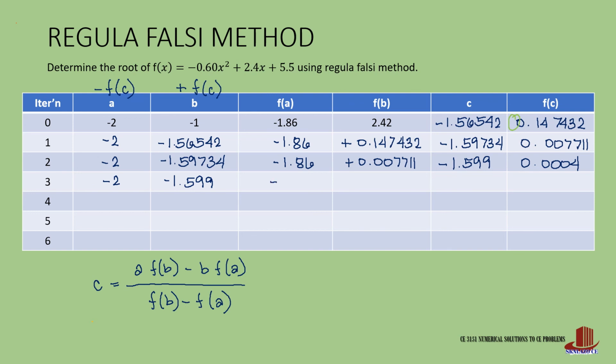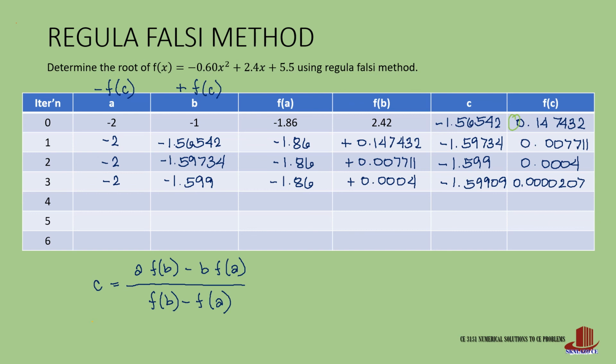So negative 1.86 would remain the same, but f of b would already be 0.0004. Taking the value of c, we would arrive at negative 1.59909. And its function would turn out as 0.0000207.